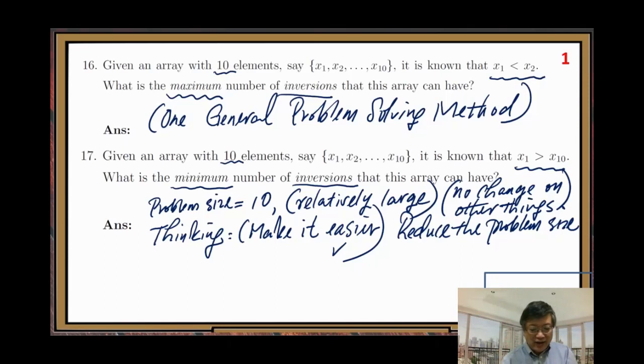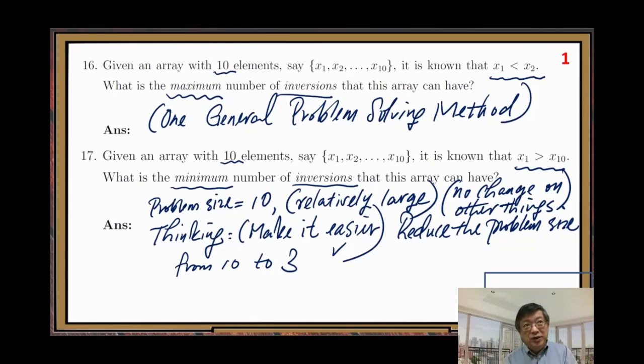So with this idea, can we change the problem size from 10 to 3? 3, the minimum we want to get, but at the same time a meaningful case. Otherwise, if n equals 2, it is too trivial, it looks like nothing to work on.